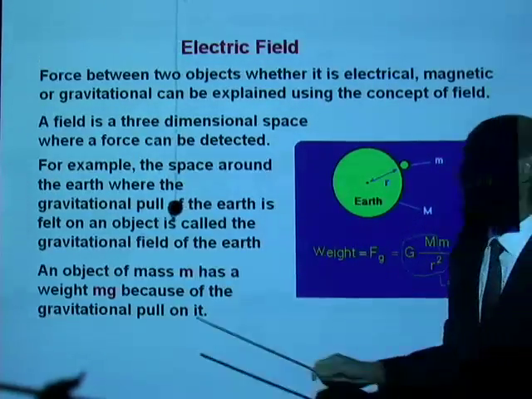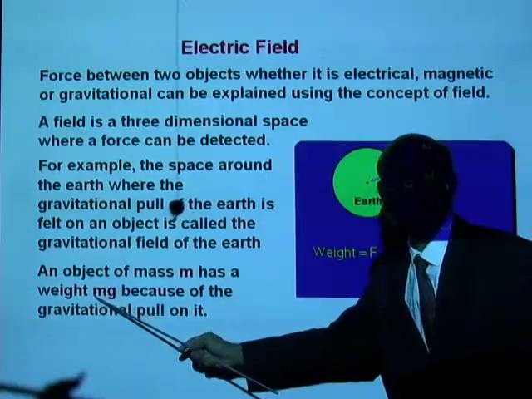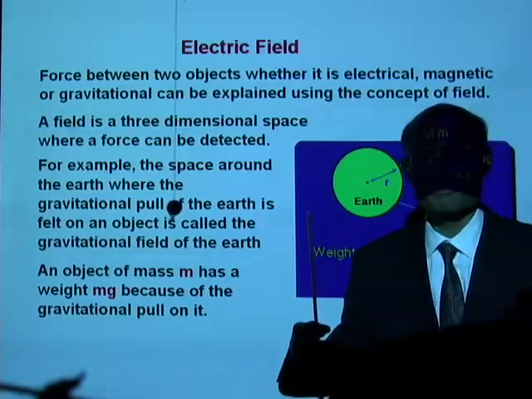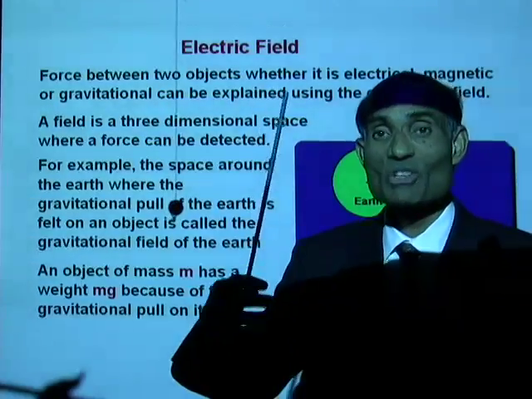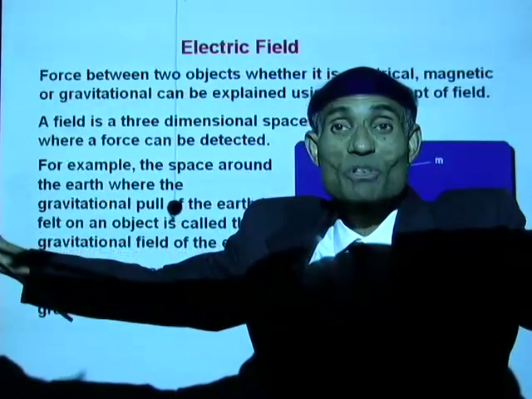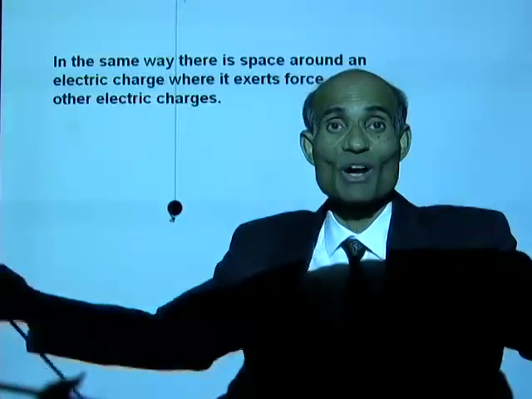of the gravitational field. An object of mass m has a weight mg because of the gravitational pull. See, the moment you take the object away from the gravitational field, that object will lose all its weight. There will be no more force on it.